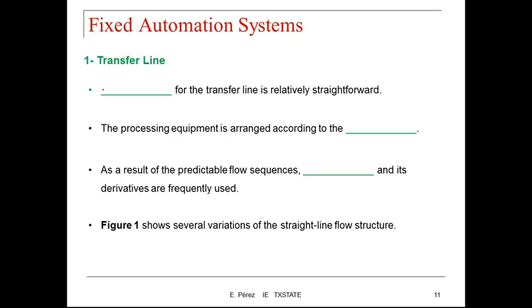Facilities planning for the transfer line is straightforward. The processing equipment is arranged according to the processing sequence.